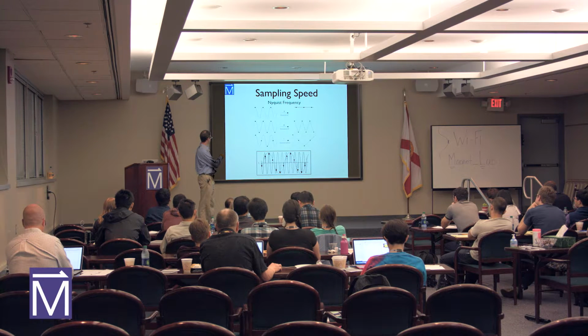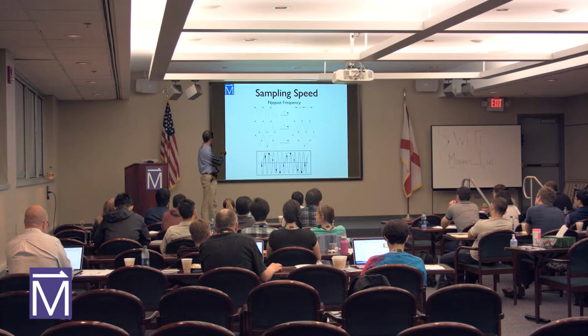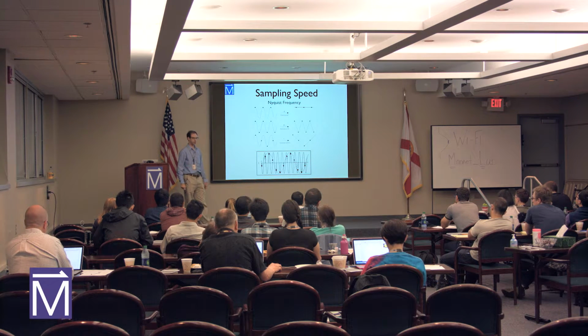So here is sort of the best possible worst situation. And that is if your sample rate exactly matches the input wave. This is called the Nyquist frequency. So if you try to sample any faster than this, you're going to see what appears to be a lower frequency signal.